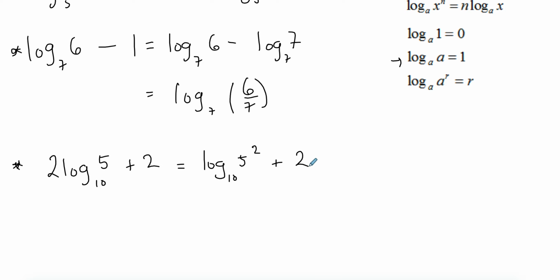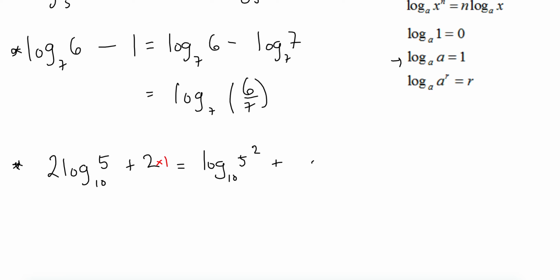I could also change this 2 to be another log form. You can either do it in your head, or I'm going to go through the long process. Similarly to what we did in the beginning, let's say this is a 2 times 1. I will convert this 1 into something with the same base.